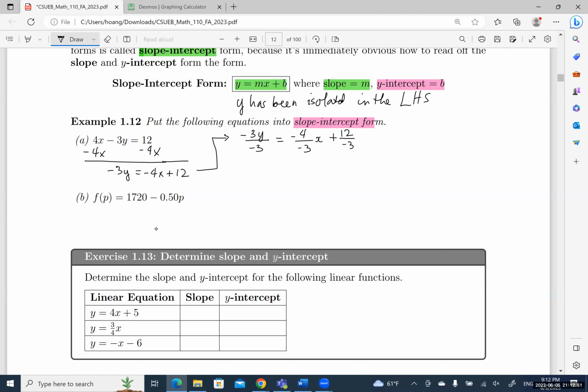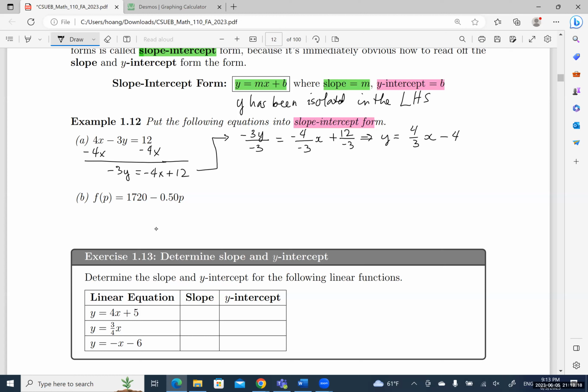Every term divided by negative 3, because I did divide by negative 3 both sides. So now I have y going to be equal to 4 over 3x, and 12 divided by negative 3 is going to be negative 4. So I put minus 4 here.